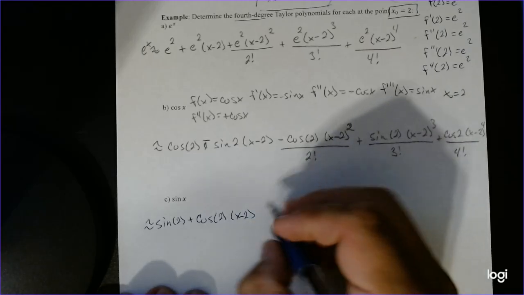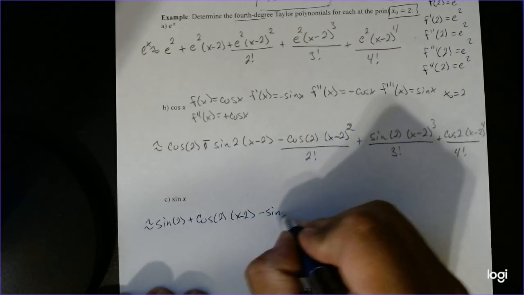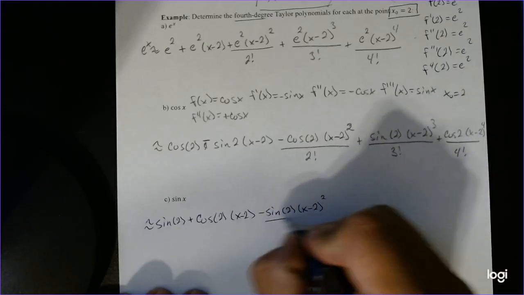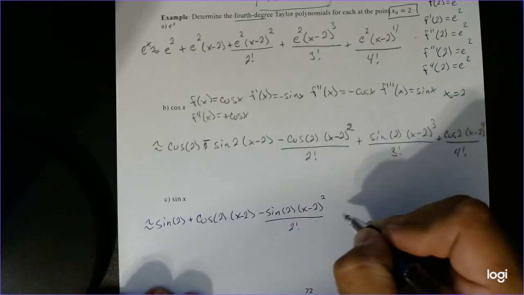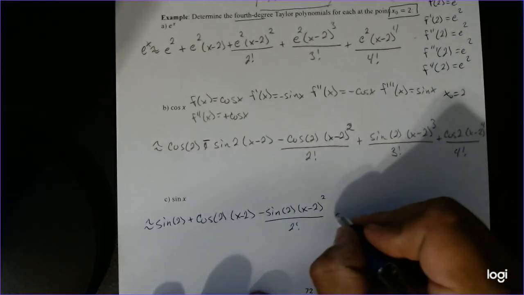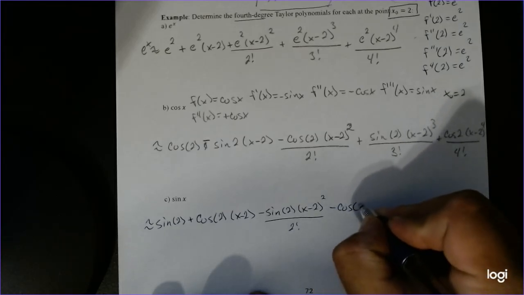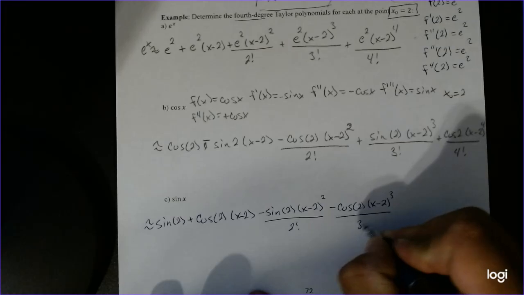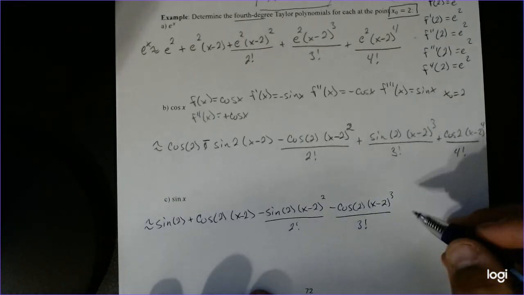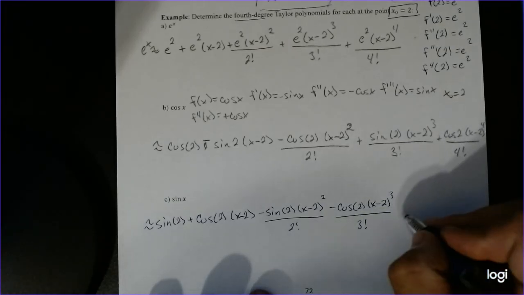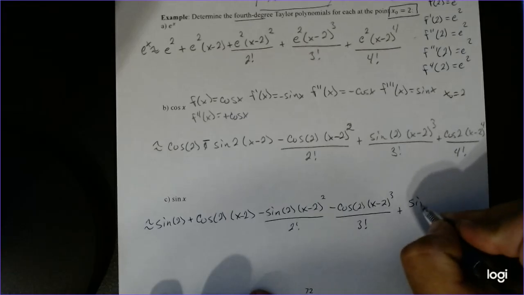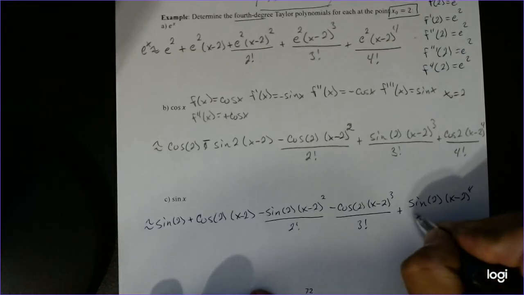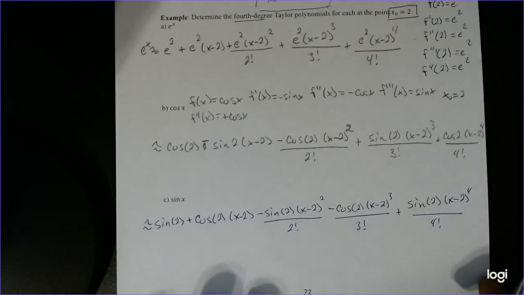Derivative of cosine is negative sine. Derivative of sine is positive cosine. And the last one, the derivative of cosine is negative sine, so it becomes positive. And there we go.